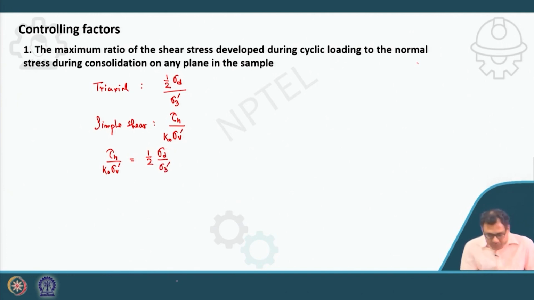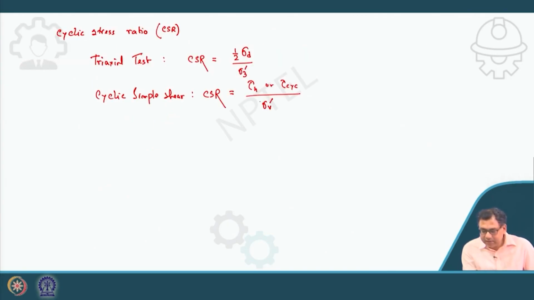Okay. So I can write that, because of how they are actually representing CSR, this is tau h by sigma v dash, and here half sigma d by sigma 3 dash. This way these two CSR have been represented.